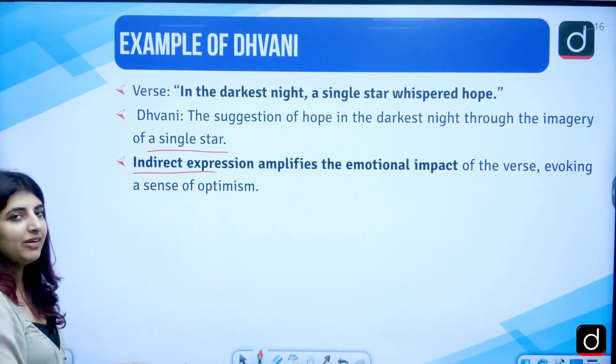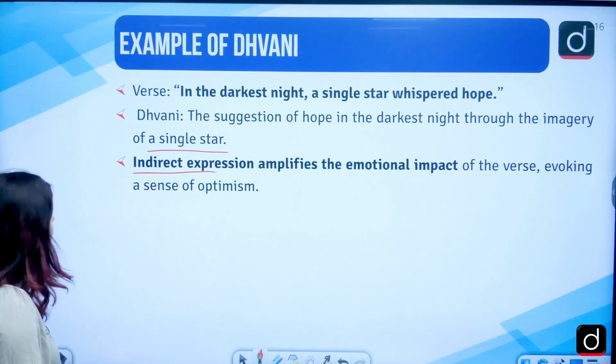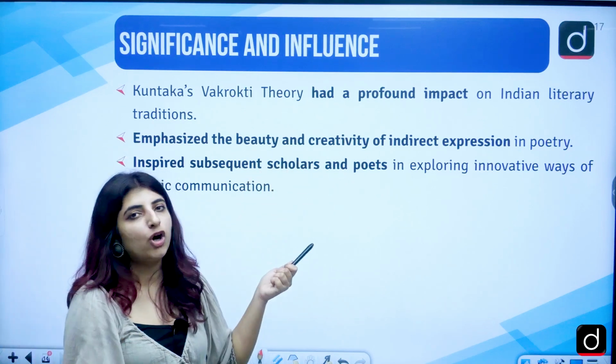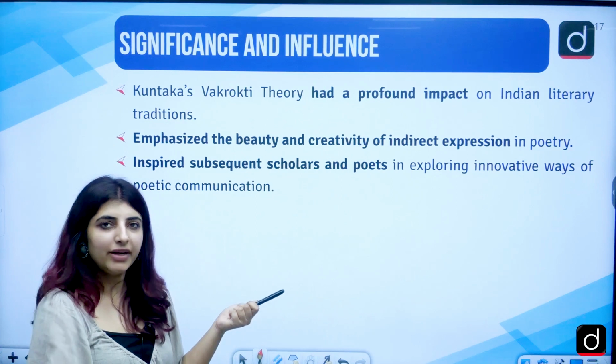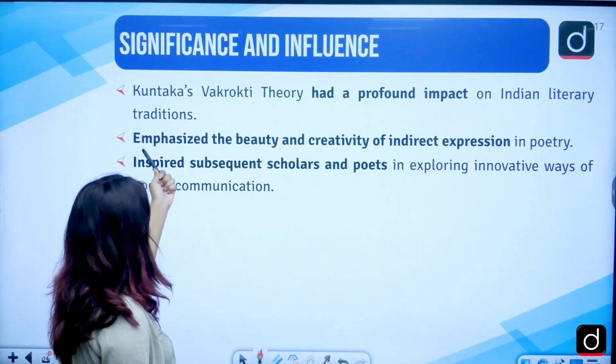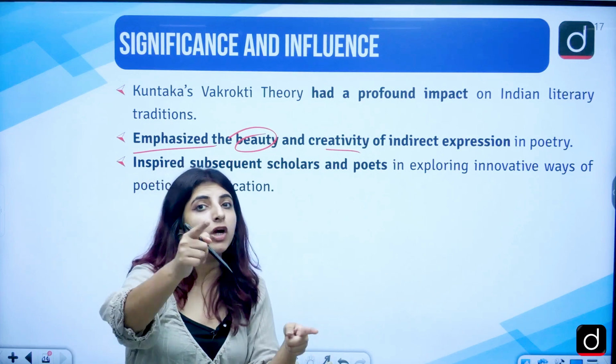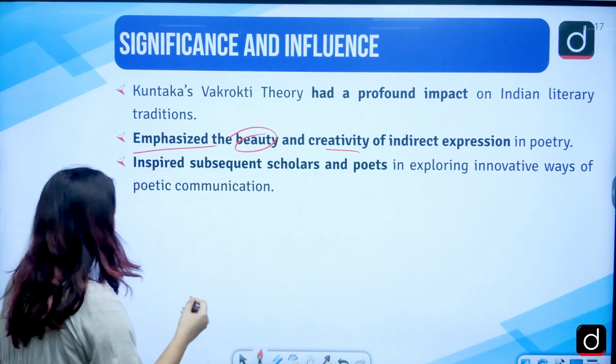The indirect expression amplifies the emotional impact. Kuntak's theory had a profound impact. We already know Vakroti. Now it's oblique expression. Emphasize the beauty and creativity of indirect expression which comes along with the dhwani of Anandavardhan.